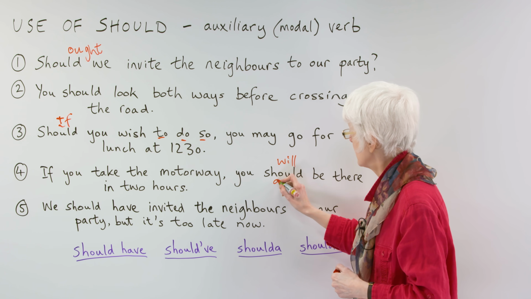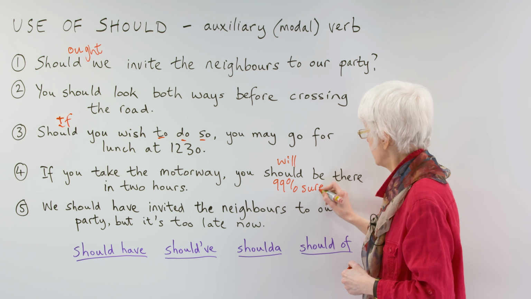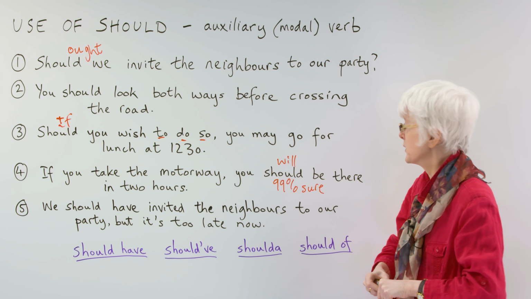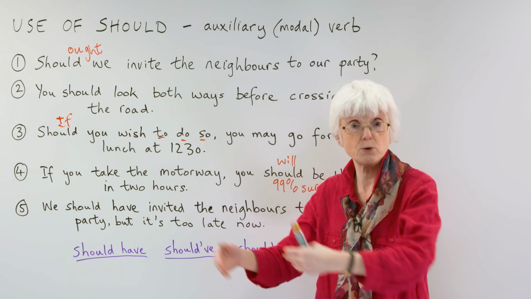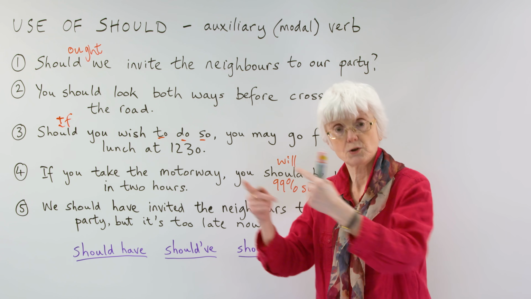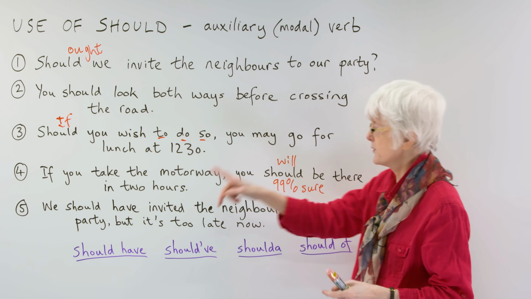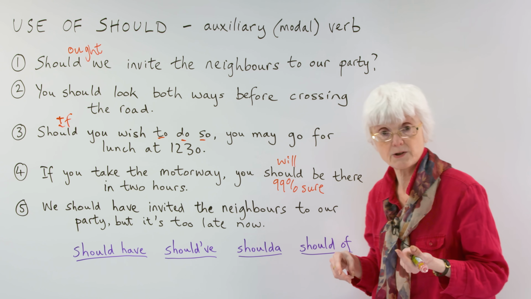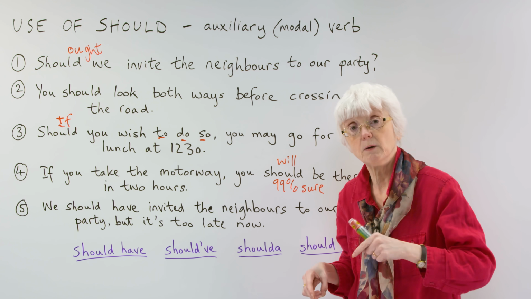So should is 99% sure or certain that you will be there in 2 hours. It will take you 2 hours driving to arrive in London. Okay, so if you take the motorway, you should be there. There's every possibility that you will be there in 2 hours.